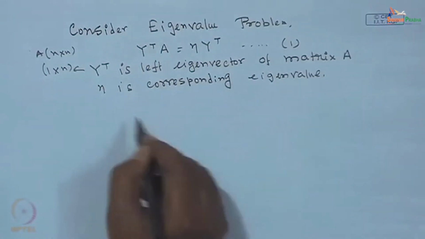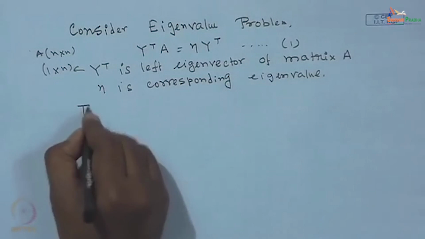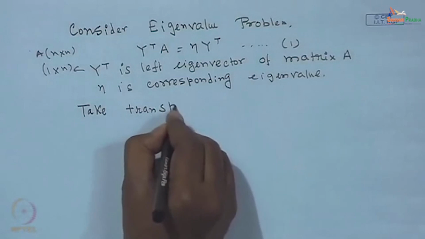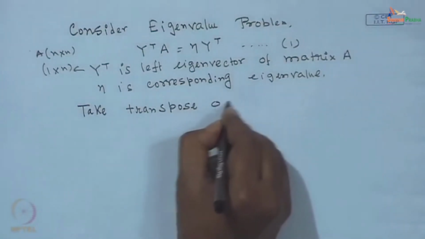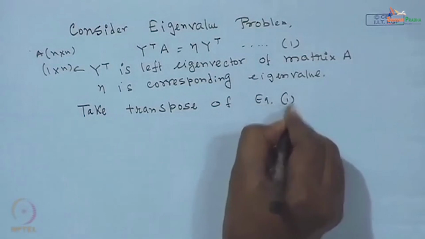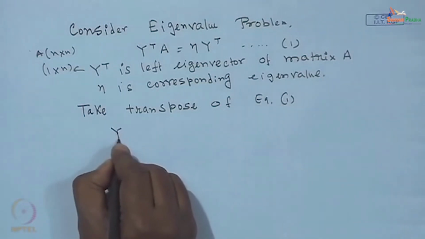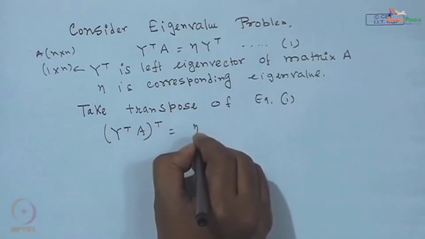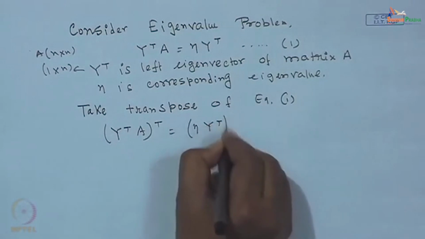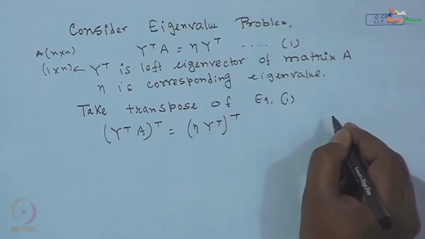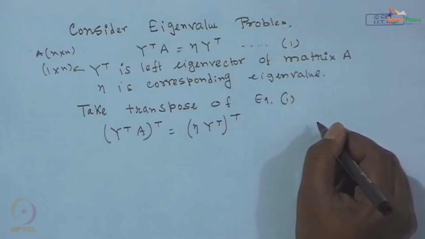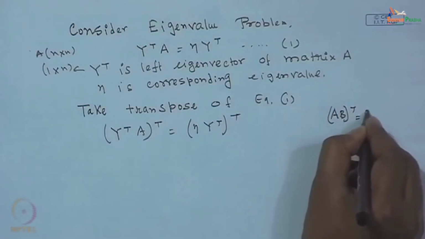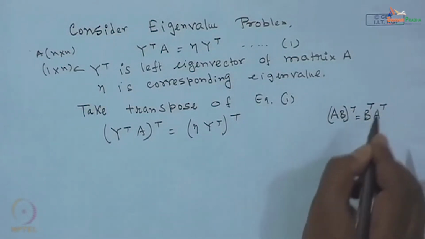Now, let us take the transpose of equation 1. If we take the transpose of equation 1, this becomes A transpose of y transpose equals eta times y transpose of that. You remember we have already taught in the earlier class that (AB) transpose is nothing but B transpose A transpose.